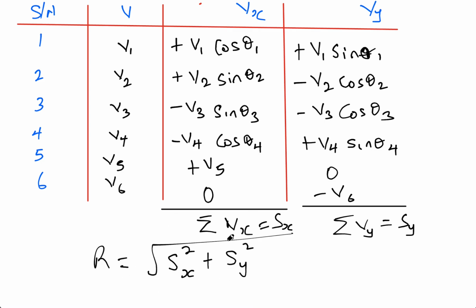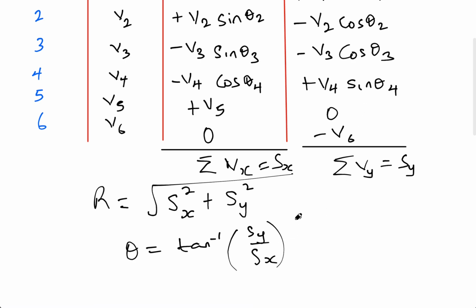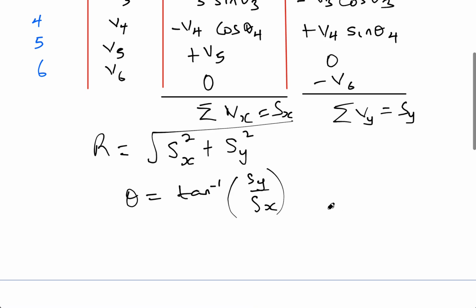Now, the next thing you want to do is to find the direction. Generally, the direction is always given as the arctan of sy over sx. But you need to do a little bit of trigonometry. I will give you different scenarios of what can happen, depending on what your sy and sx are.